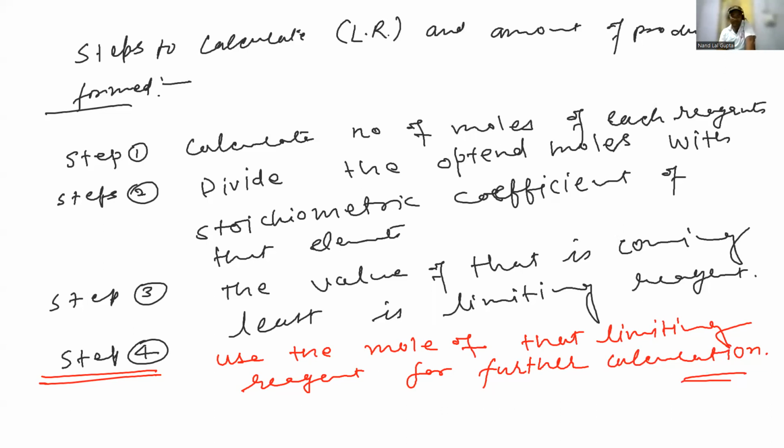Problems. Okay, I got the problem. I am erasing this one and writing the question. Some questions I will share with you at night. 2 mole of carbon, very easy, reacts with 16 gram oxygen.